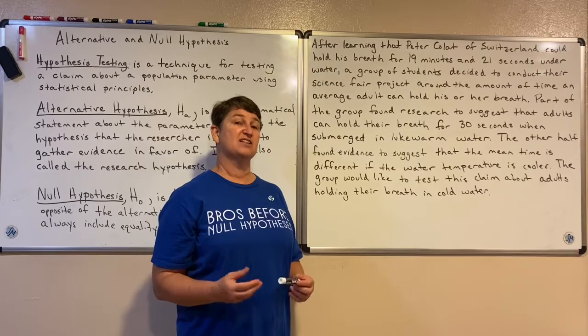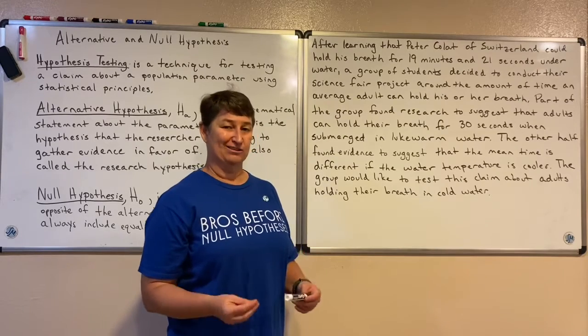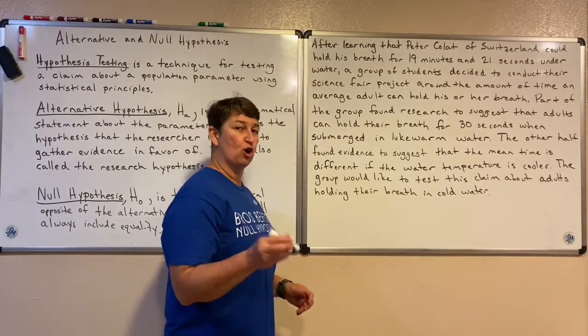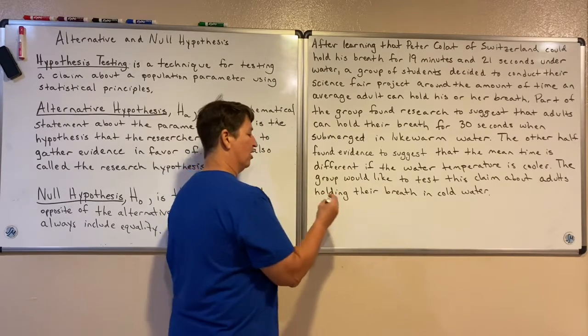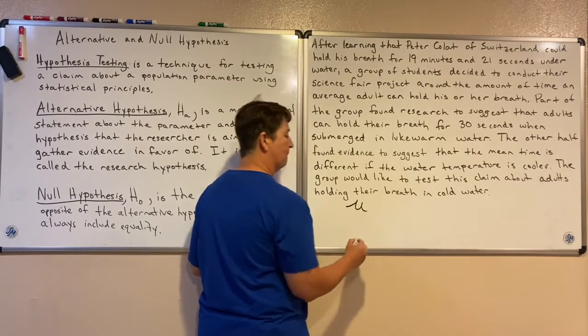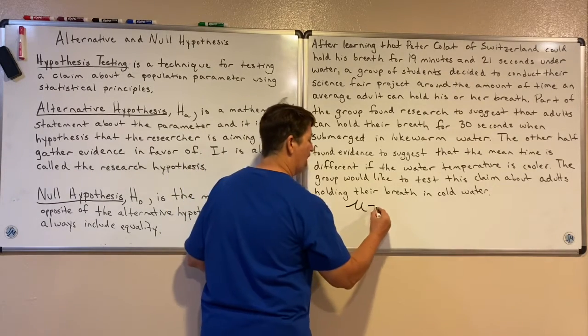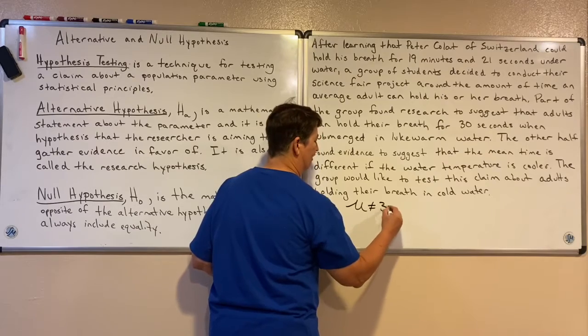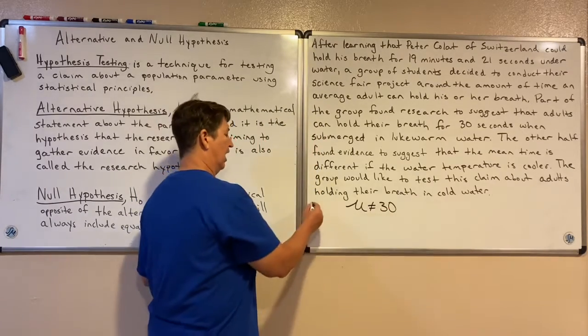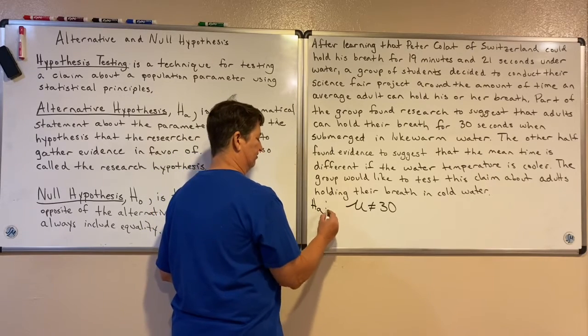It just says that the mean is different than that 30 seconds if it's in cold water. So to show that mathematically, for our alternative hypothesis, we're going to say the mean is just not equal to that 30 seconds. That's their alternative hypothesis.